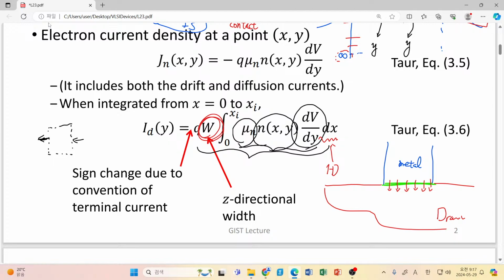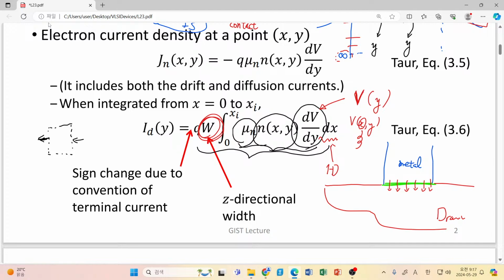And you know that we have made a really important assumption: our electron quasi-Fermi potential is actually a function of only y. So the electron quasi-Fermi potential changes only along the channel direction, not along the x direction. So this dependence is gone. This is really an important approximation.